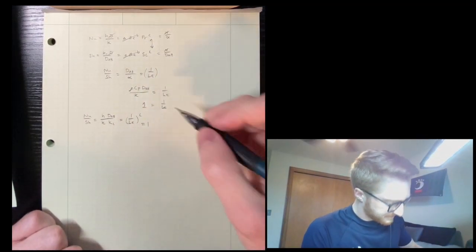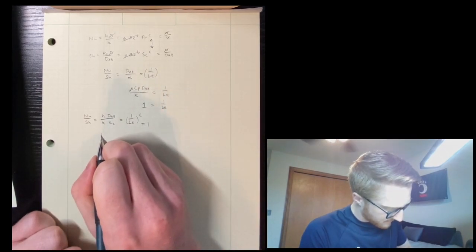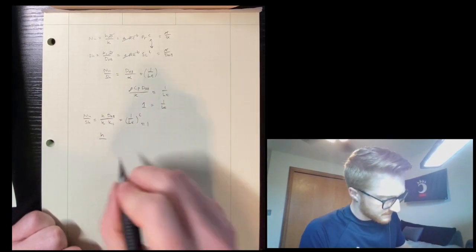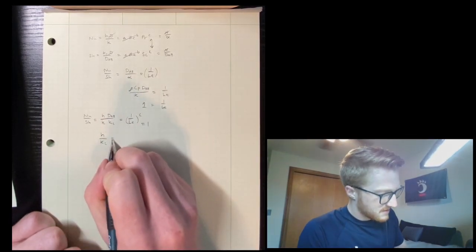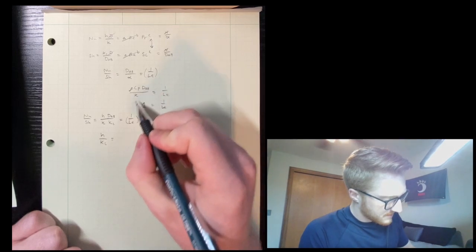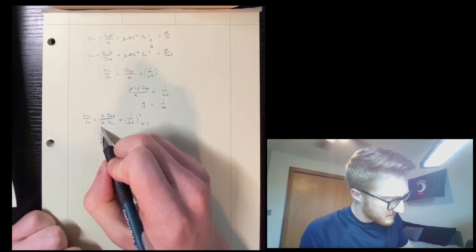So we know then if we're looking for a relationship for the heat transfer coefficient over the mass transfer coefficient, the right side of the equation, so we see this dAB over k.